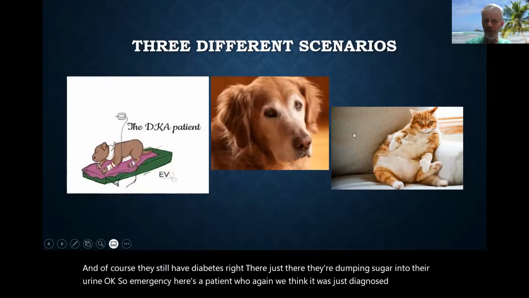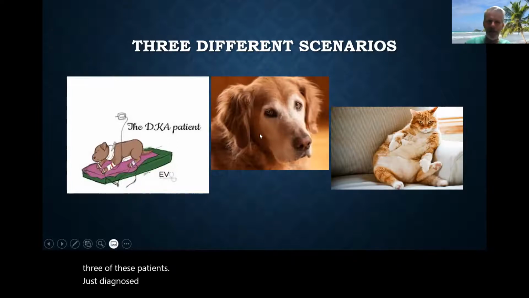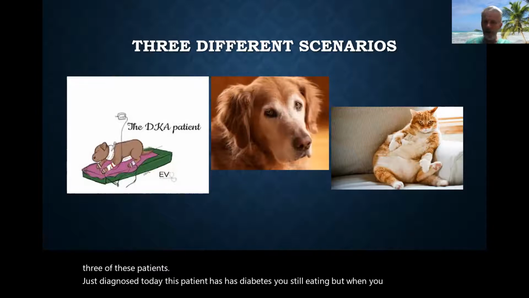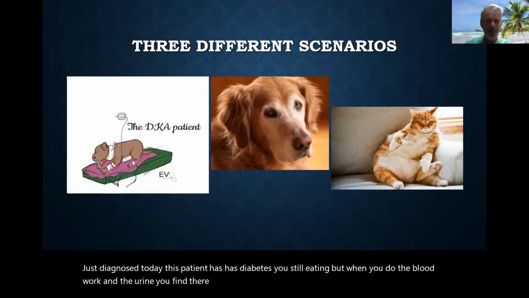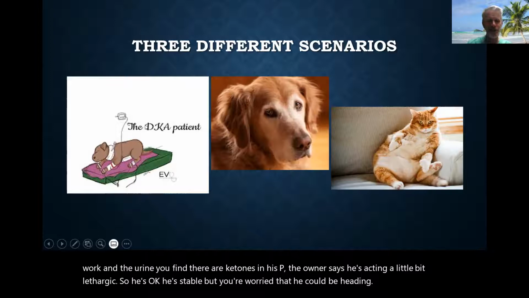Okay, so emergency. All three of these patients were just diagnosed today. This patient has diabetes. He's still eating, but when you do the blood work and the urine, you find there are ketones in his pee. The owner says he's acting a little bit lethargic. So he's okay, he's stable, but you're worried that he could be heading to being like this patient.